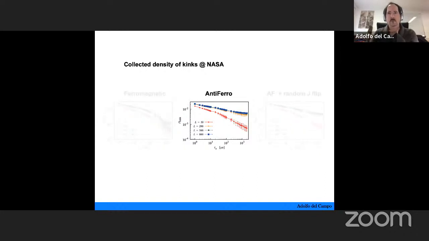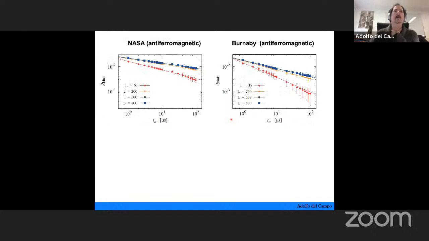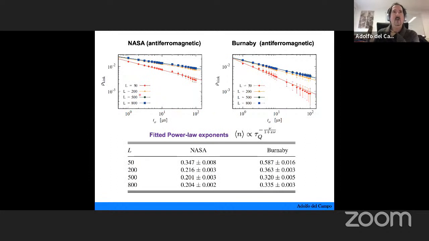With this, we focus on the anti-ferromagnetic case, and we collect data in both machines, at NASA and Burnaby. We did it for different system sizes from 50 to 800 spins, quenching up to 100 microseconds, and find something that looks like power laws, all of them following the same power law exponent, as long as the system size is reasonably large.